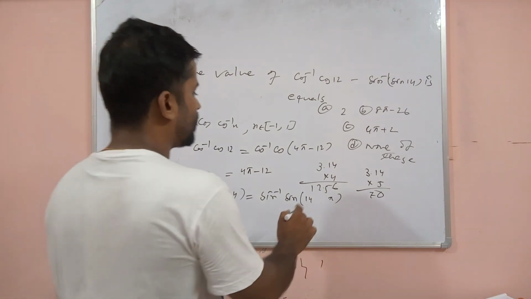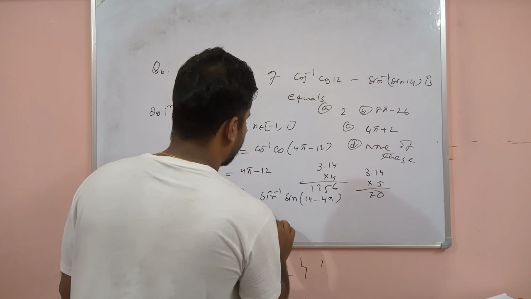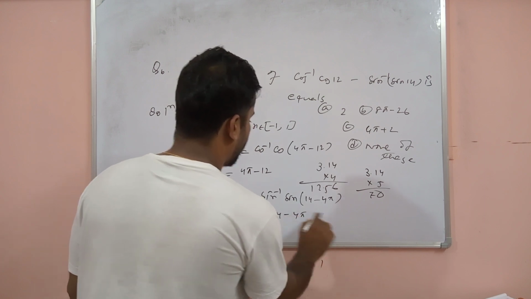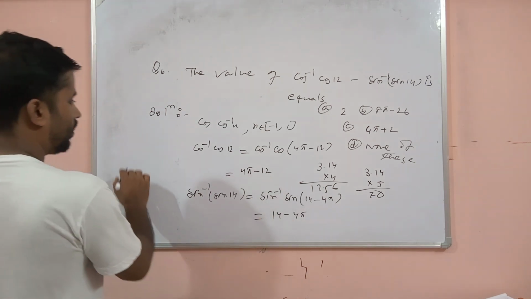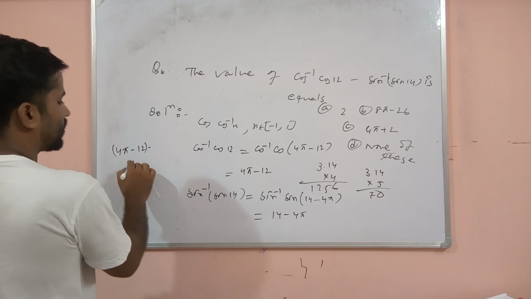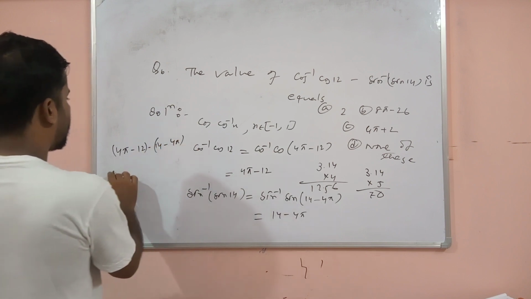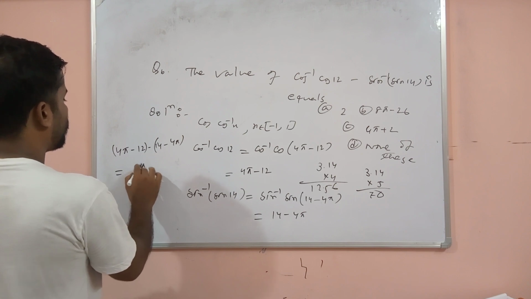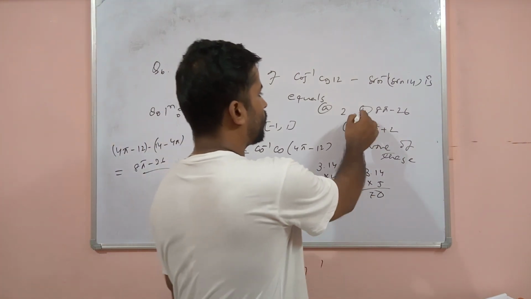It is 14 minus 4 pi. Then 14 minus 4 pi. So this minus this means it is 4 pi minus 12 minus 14 minus 4 pi. So the final answer is 8 pi minus 26. So the option is this.